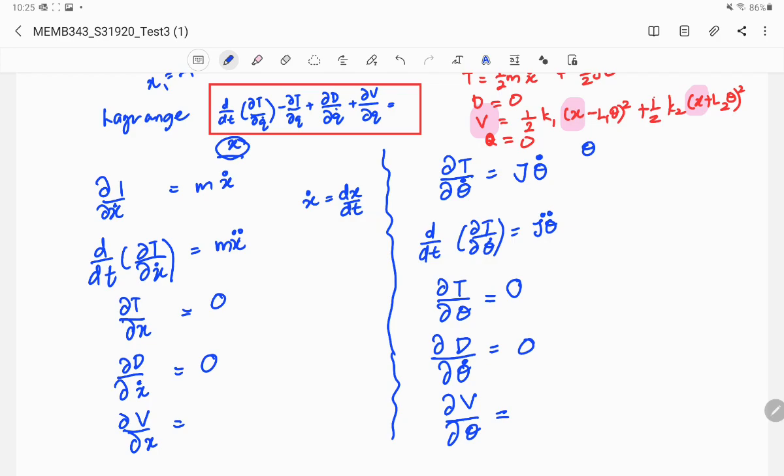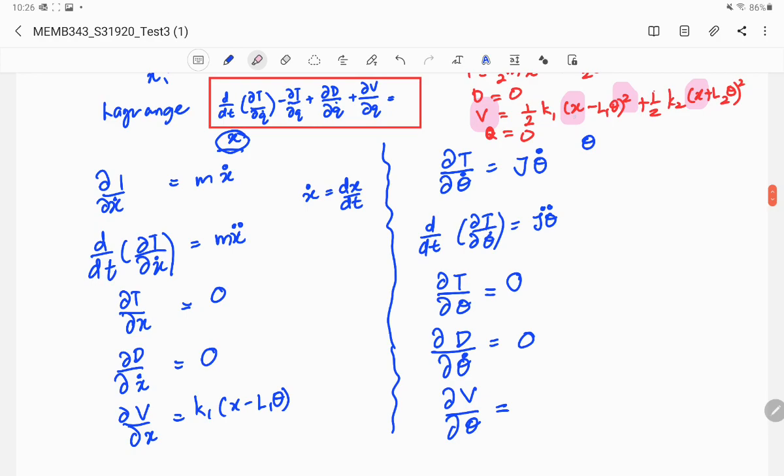So the first term, it's going to be 2 times half, so you have to write the whole term, which is k1 (x minus L1 theta), and then the power of 2 will become power of 1, and then you have another term, and then you have to differentiate x, but that is 1, so you just have to times 1.